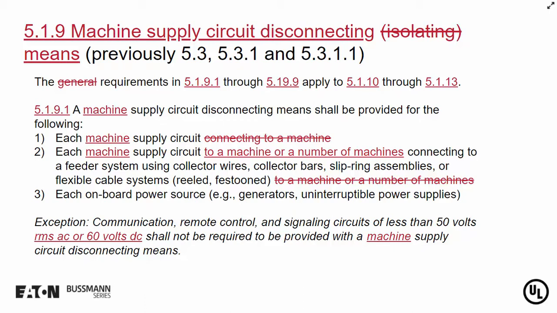The committee grappled with the definition of what constitutes a shock hazard. And throughout the document now, we see references to 50 volts RMS AC or 60 volts DC. And I bring this up because there is a bit of a conflict between 79 and 70E. My understanding, 70E uses only 50 volts as the limit, both AC and DC.